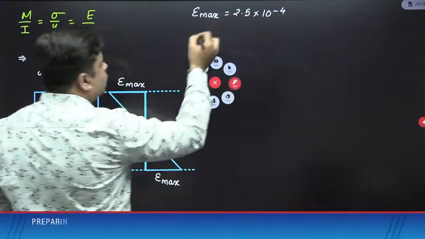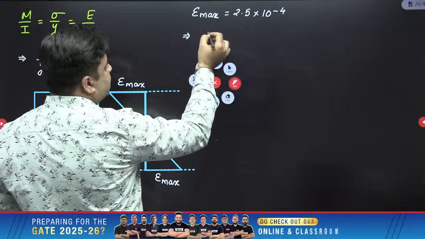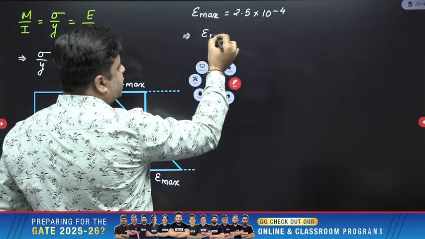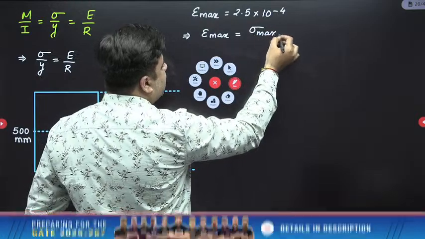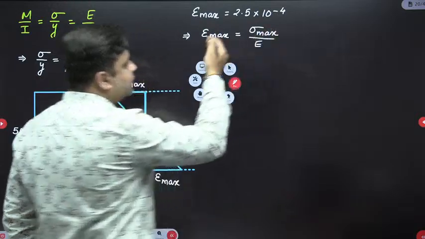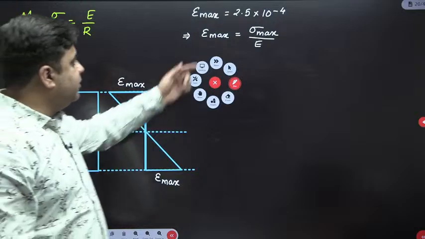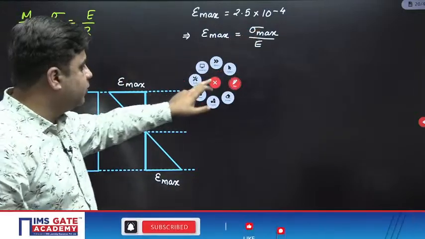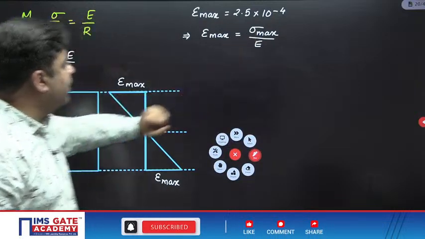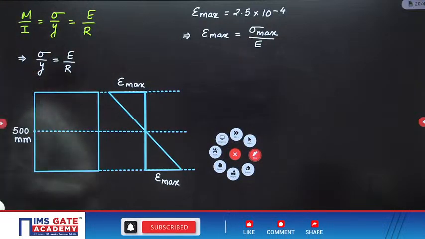So can I write this epsilon max is equal to sigma max upon E? This is by Hooke's law. Epsilon max is equal to sigma max upon E. And for calculating sigma max, I require the value of y max.